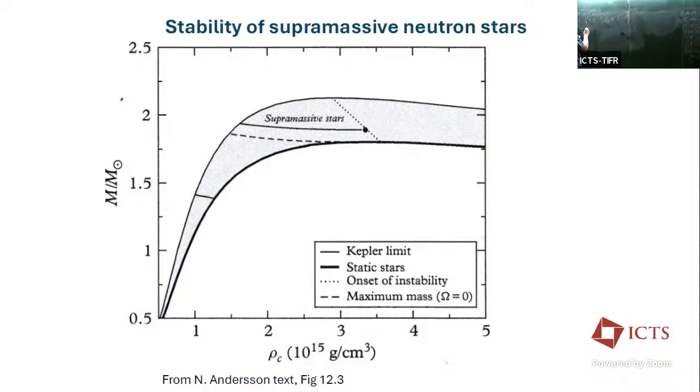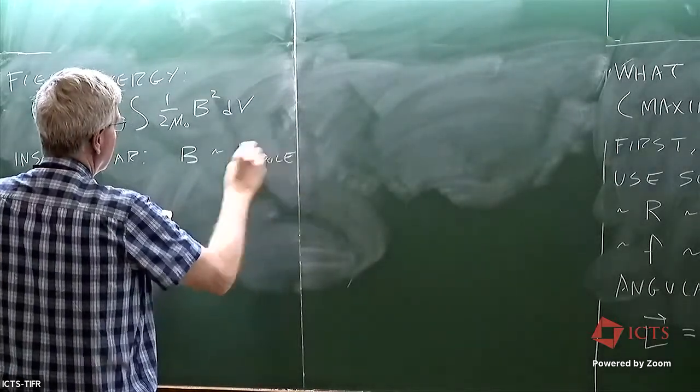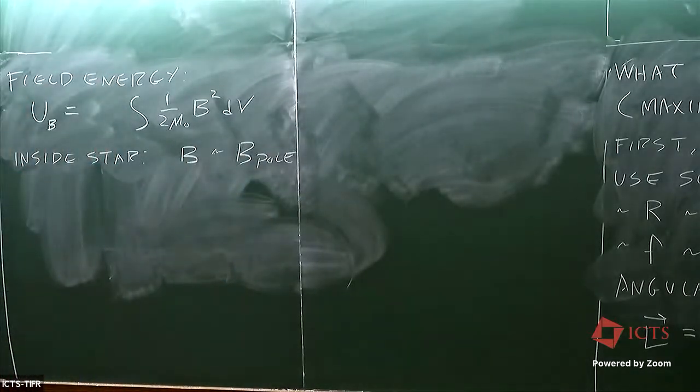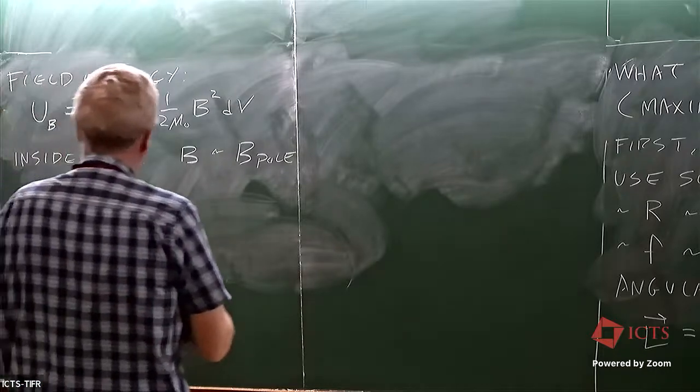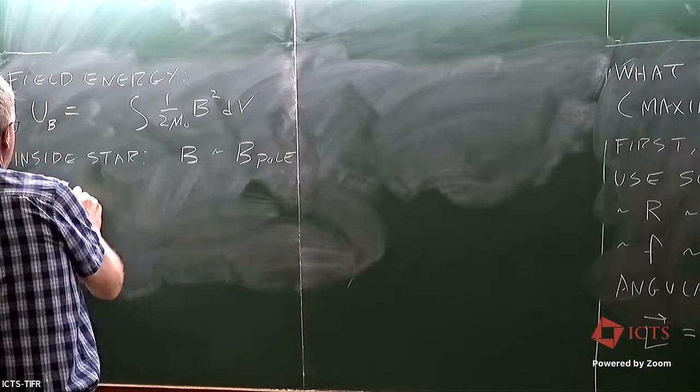Inside the star, B is in the ballpark of the pole field. It's not quite accurate, but it ought to be in the right ballpark. Let's pretend that the magnetic field inside the star is uniform and has the value that it has at the pole.